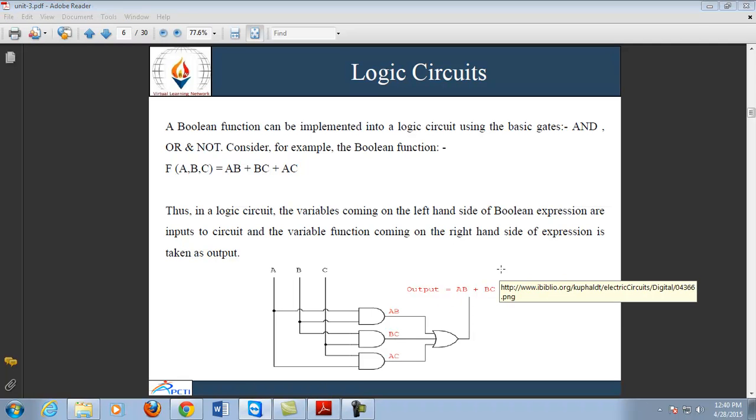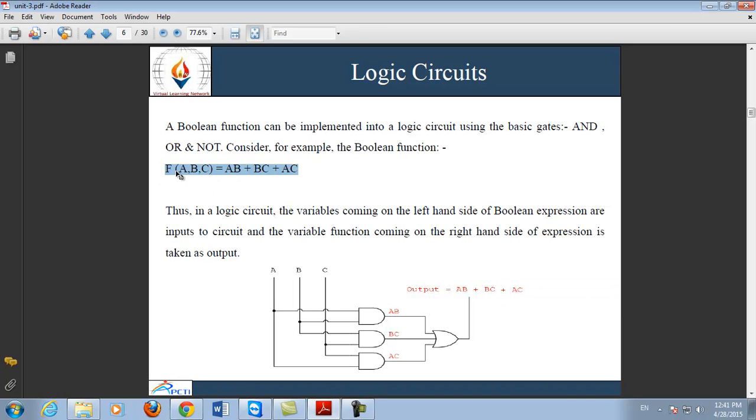Boolean function means the function which gives the value either in true or in false. This is the Boolean function of f. F is a function. There are three variables. This means function of A, B, C, and the output of this function is AB plus BC plus AC.